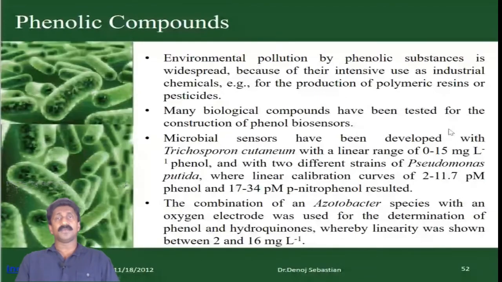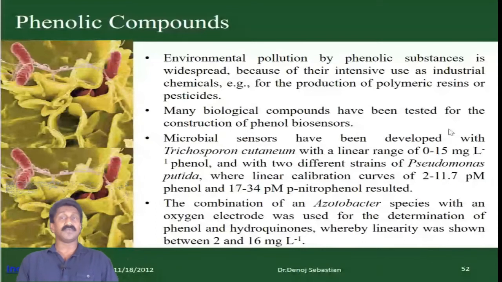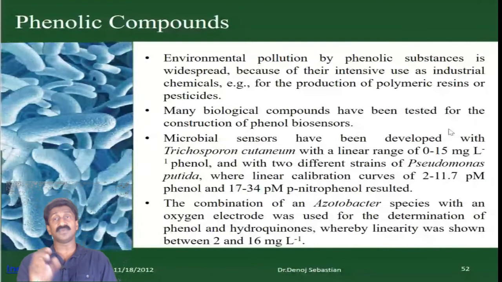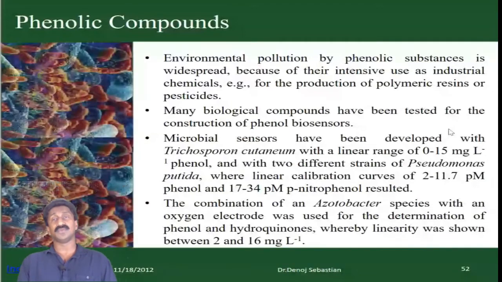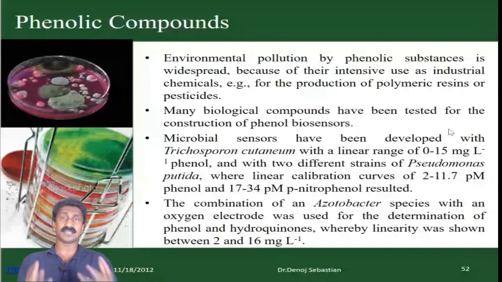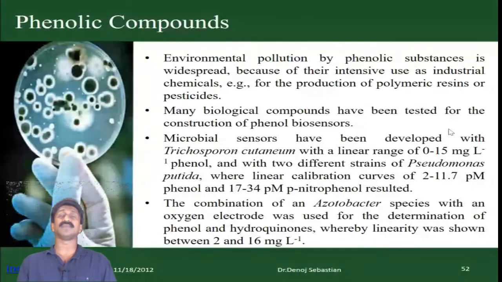The environmental pollution by these substances is widespread, because of their intensive use in industrial chemicals, for example, for the production of polymeric resins or pesticides. The phenolic substances were actually used for the production of such pesticides and polymeric resins. So it is a serious environmental issue when you are considering environmental pollution.